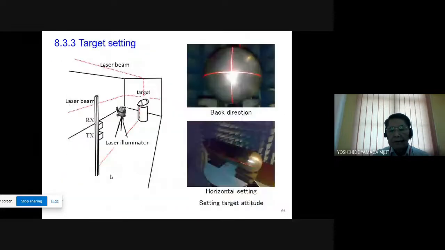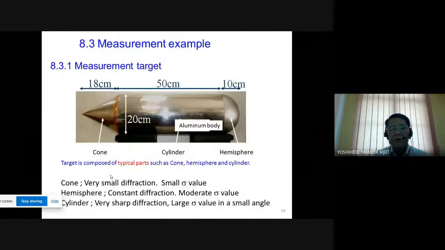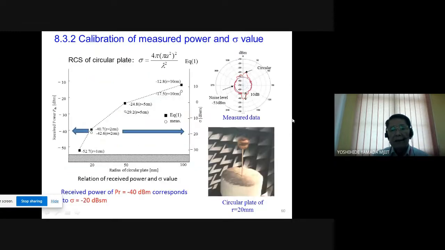So some measurement process is shown. And this is the target selected, a very typical part. This cone and this cylinder and this hemisphere. Then we can obtain our data, which is received power. However, received power should be converted to radar cross-section value.